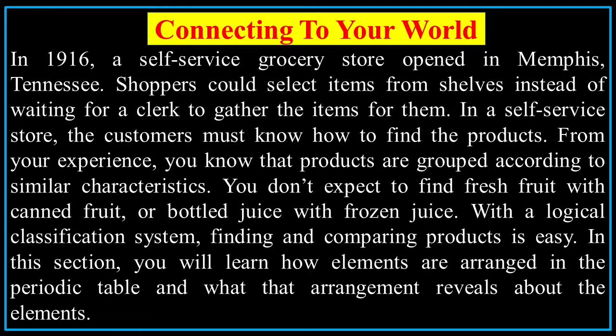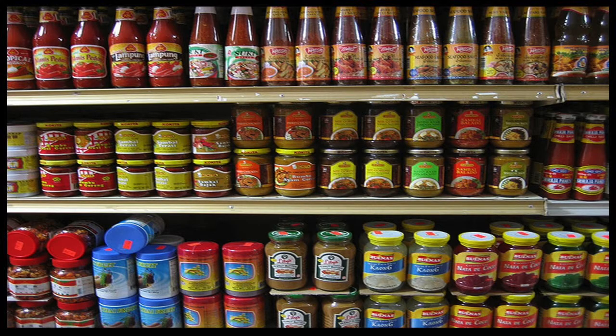In this section, you will learn how elements are arranged in the periodic table and what that arrangement reveals about the elements. That's the whole point of the periodic table. With an arrangement of the elements, you can figure out so much more about chemistry than if you had this random, chaotic information all over the place.